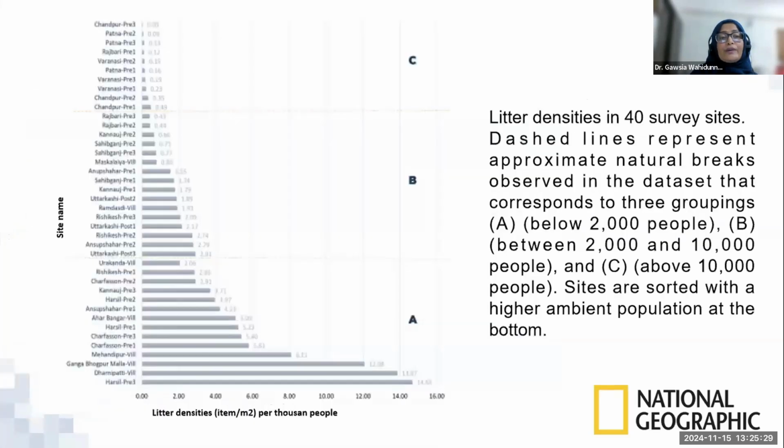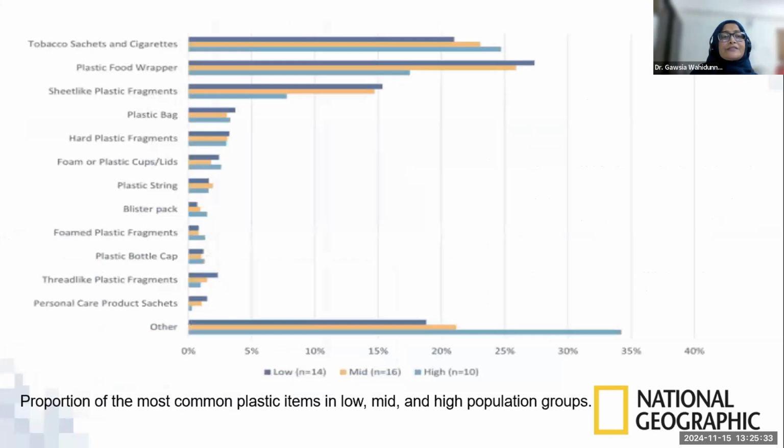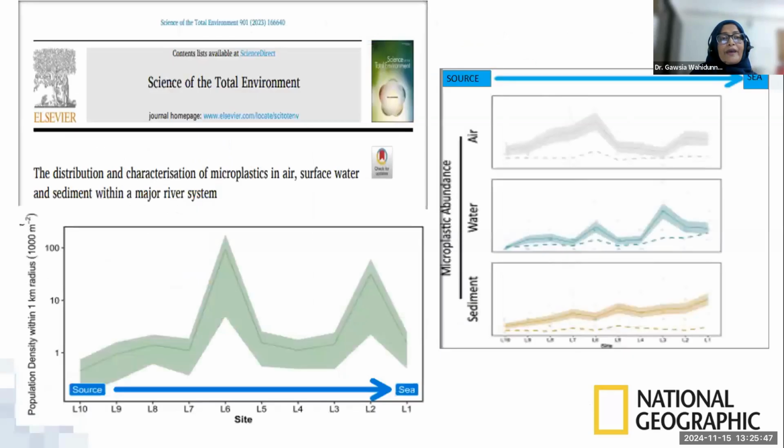This slide shows the location, and this slide shows the litter densities in our survey sites compared with the population. And these slides actually registered the different items, like the proportion of the most common plastic items we identified using the Marine Debris Tracker.